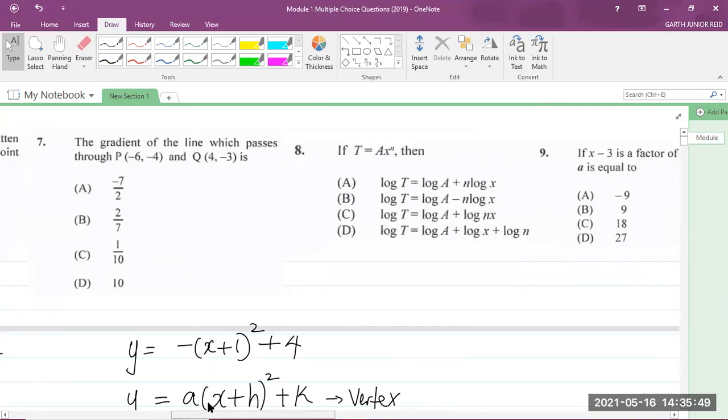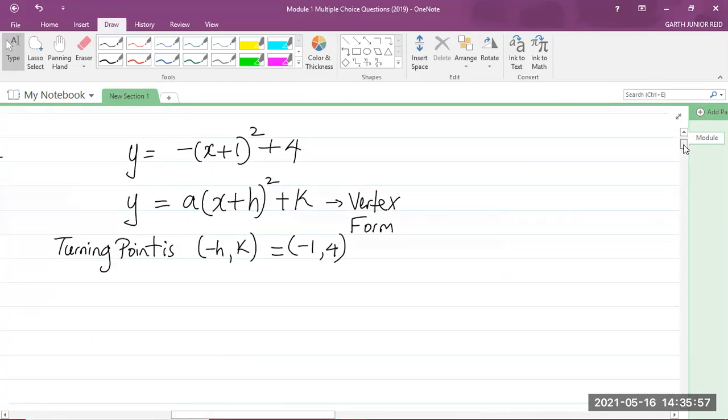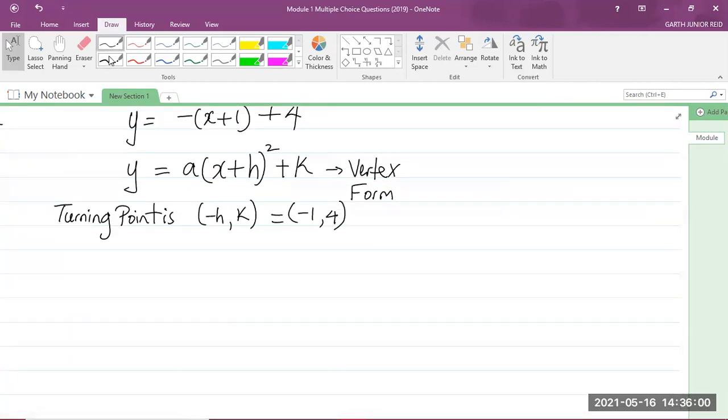Question 7 says, the gradient of the line which passes through the point P and Q is what? Okay, so let's work that out. You should recall the formula for finding the gradient. We normally represent it as m, which is equal to y2 minus y1 divided by x2 minus x1. You can choose any point to be x1, y1, and the other point as x2, y2.